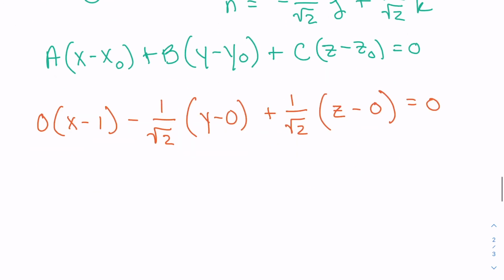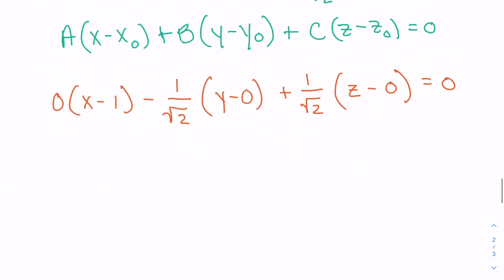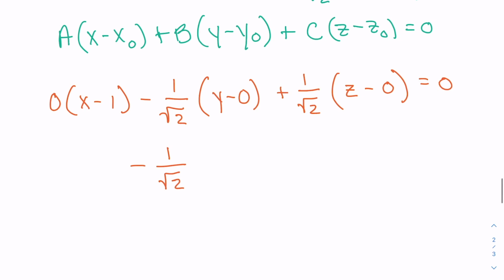To simplify this, what does that become? Negative 1 over square root of 2 y plus 1 over square root of 2 z equals 0.